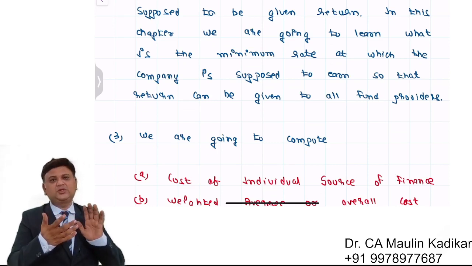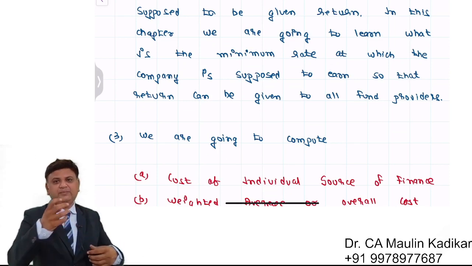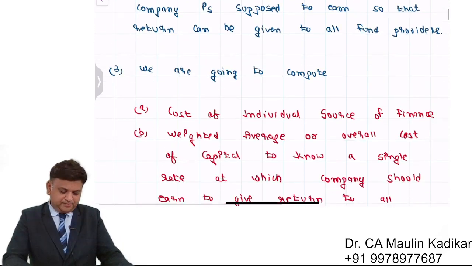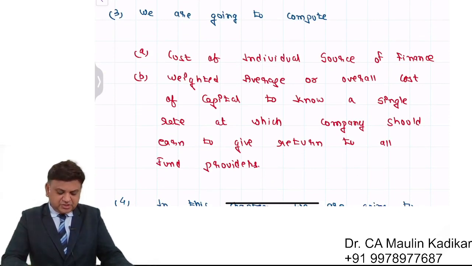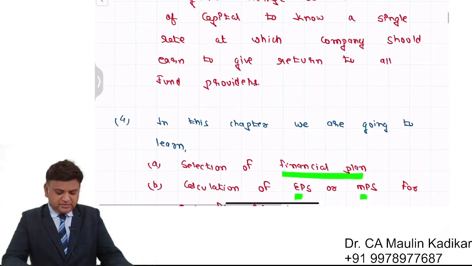That bifurcation is not possible, because the business is together, and from that you have to fetch a single rate at which you have to earn. We are going to compute the cost of the individual sources of finance, and then the weighted average or overall cost of capital, to know a single rate at which the company should earn to give return to all fund providers.